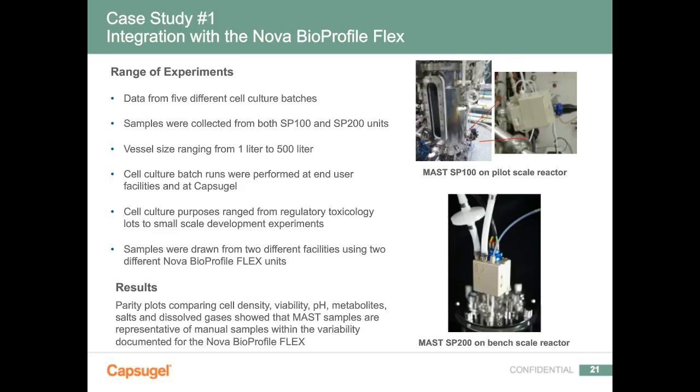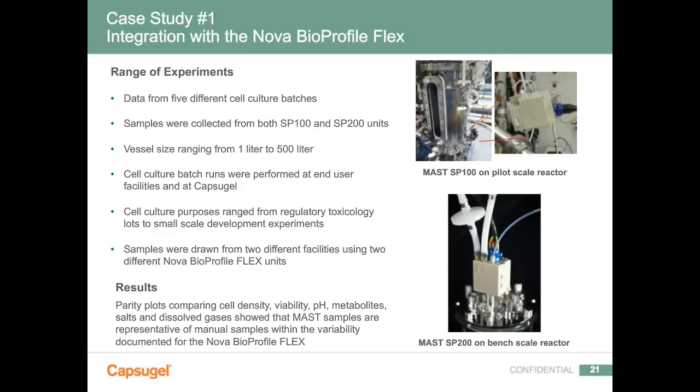Cell culture processes ranged from regulatory tox lots to small-scale development experiments, and samples were drawn at different facilities, analyzed on the BioProfile. The main goal was to compare the manually collected samples with MAST samples, so for each data point, both a MAST sample and a manual sample were collected, and we created parity plots of the cell density, viability, and other attributes.